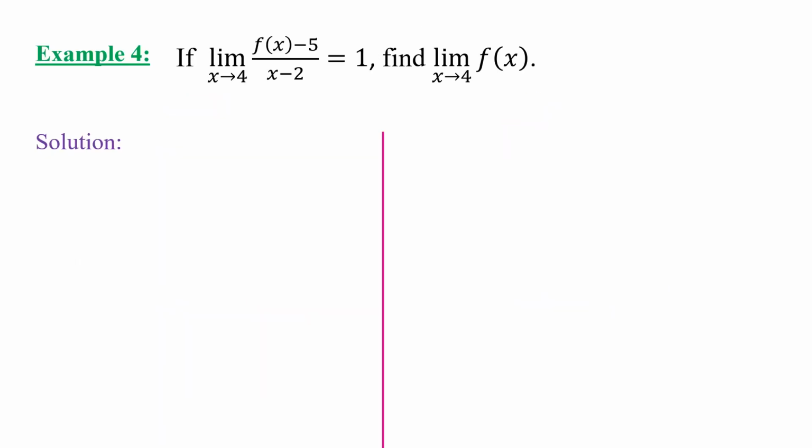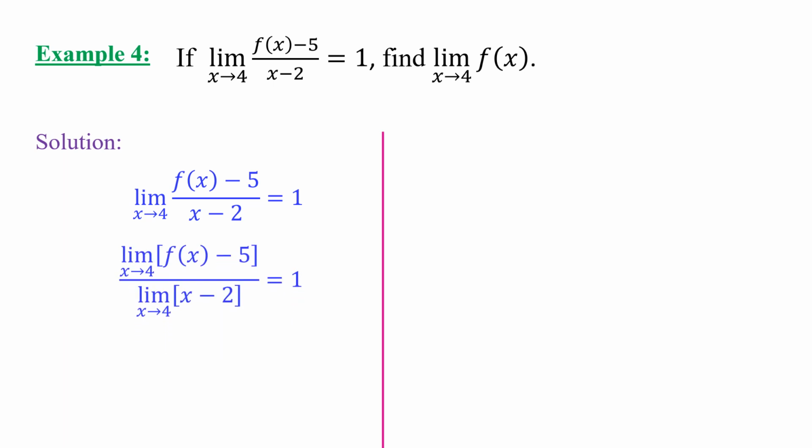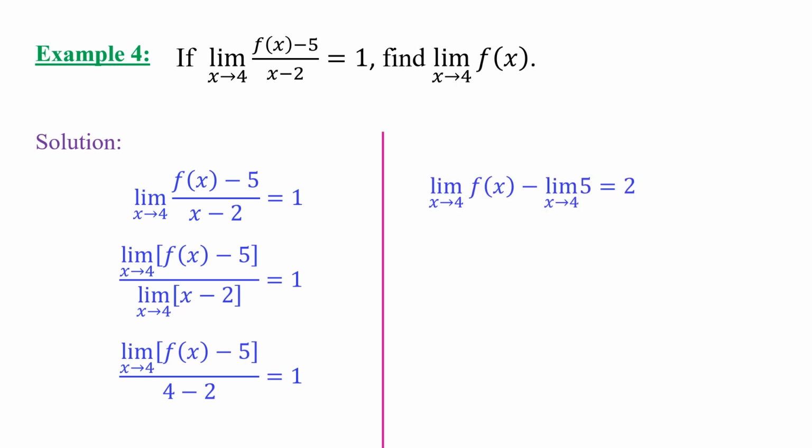Example 4. If the limit as x approaches 4 of (f(x) minus 5) over (x minus 2) equals 1, find the limit as x approaches 4 of f(x). To solve this question, you need to know how to use the properties of limit. So first of all, we substitute x with 4 and then 4 minus 2 here, we got 2.